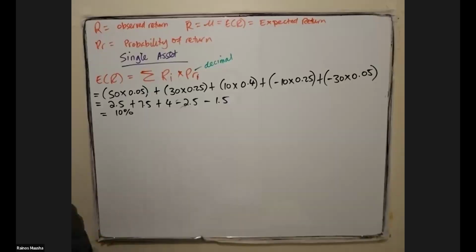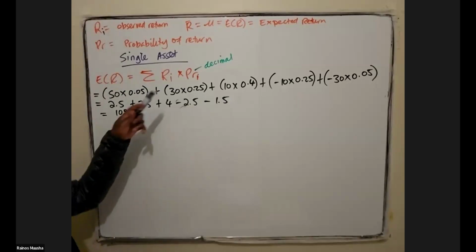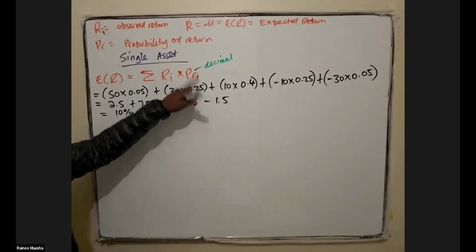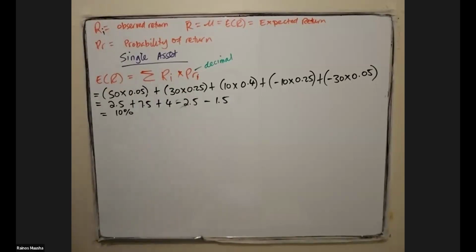I have a question. Can you please clarify the R_i here? It's still the observed return. So if I see R_i, it means R. The i is there because sometimes R_i is just saying it's an observed return of a certain asset. So in this case, it's an observed return of a certain asset as well, so the i at the bottom doesn't really make much of a difference.